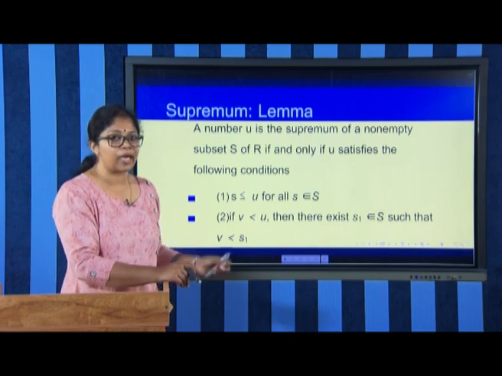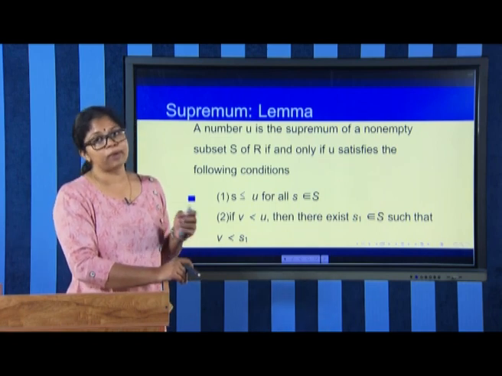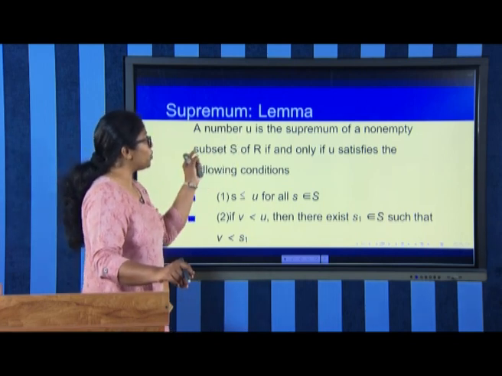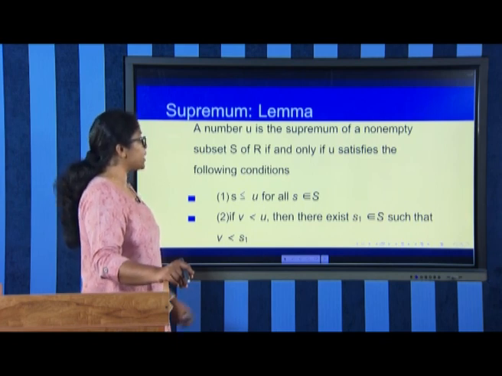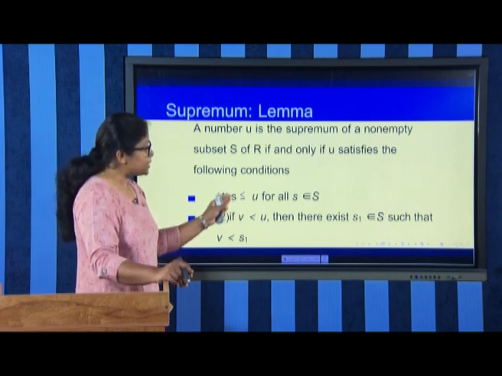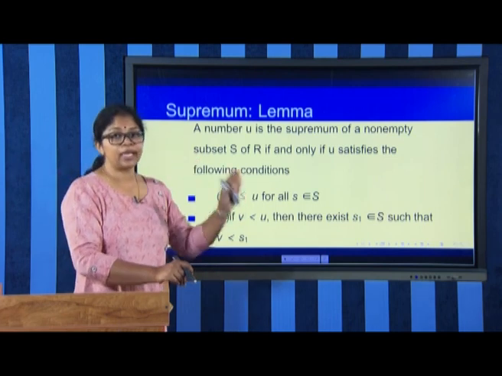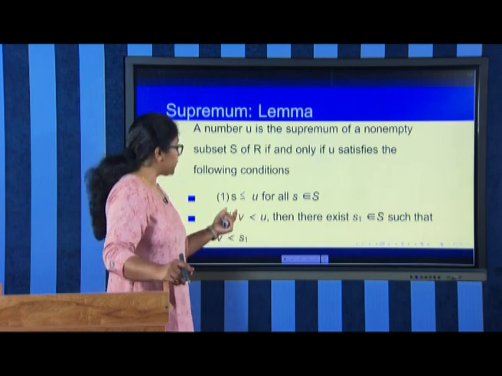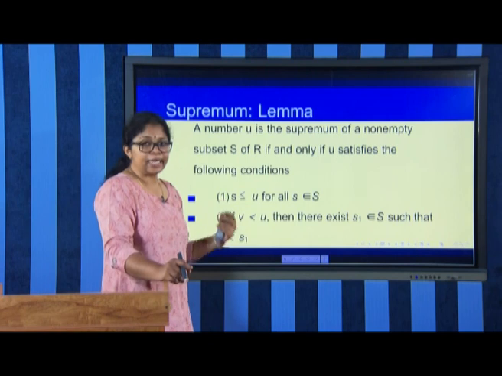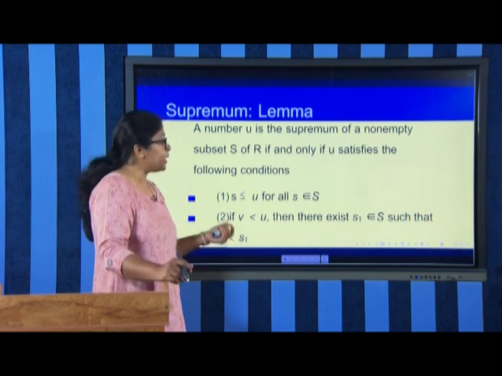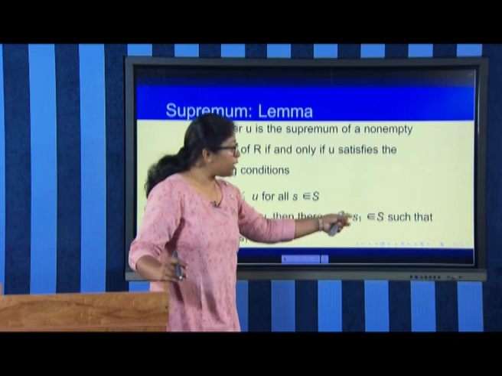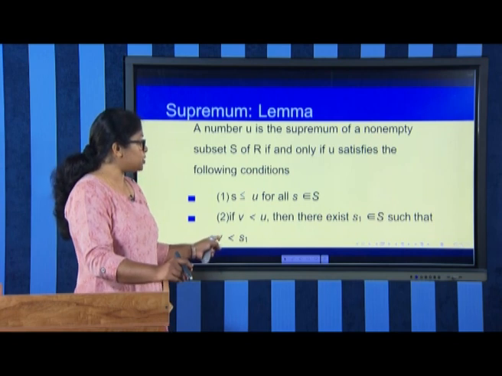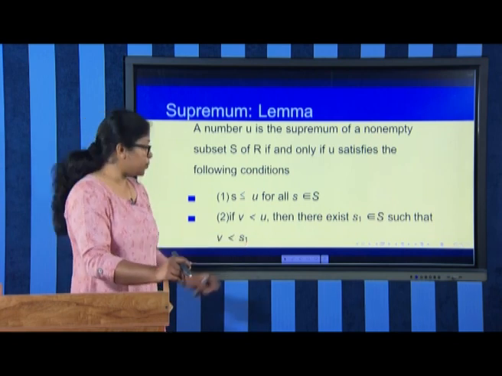So, this is another way of defining the supremum of a set S. First, s is less than or equal to u for every element s belonging to S, because u has to be an upper bound. Second, if v is any number which is less than u, then there exists at least one element s1 in the set S satisfying the condition v less than s1.